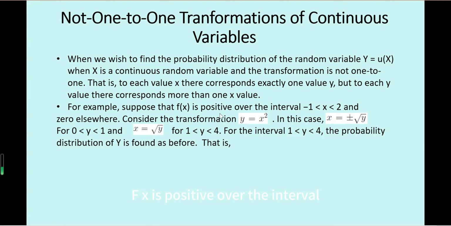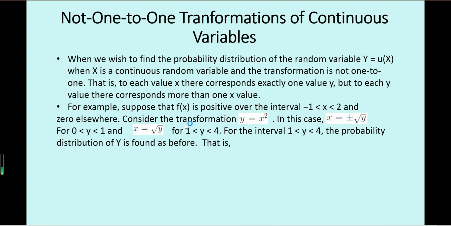If f(x) is positive over the interval -1 to 2 and 0 elsewhere, we consider the transformation function y equals x squared. So in this case, x equals plus and minus square root of y, right?